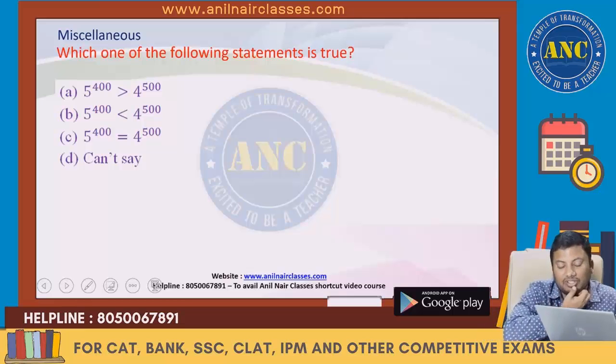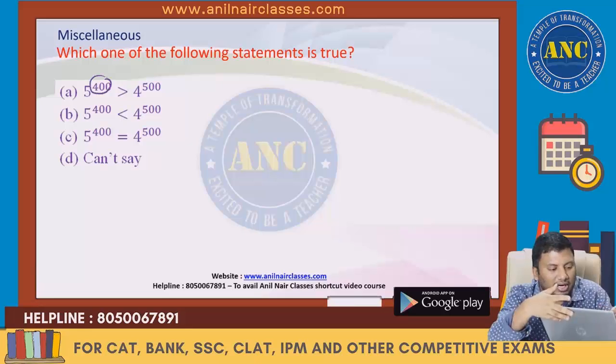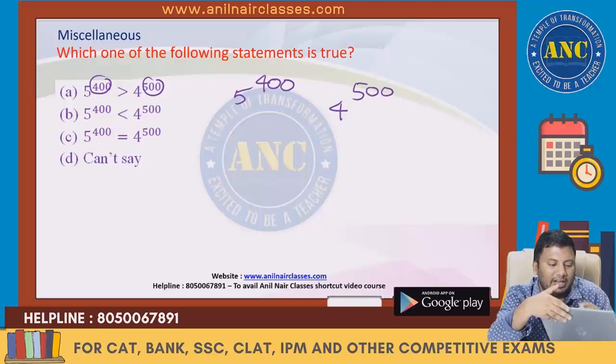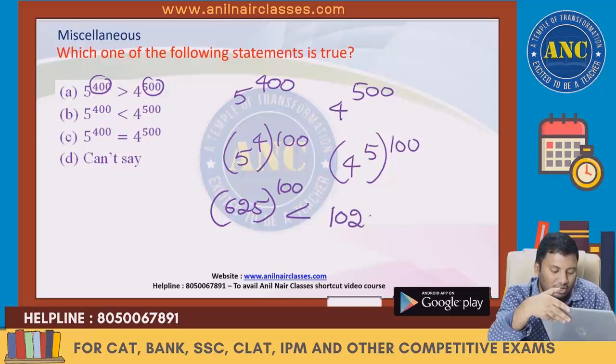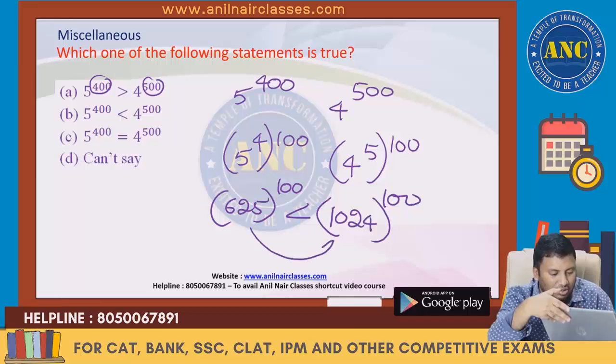Next one, which of the following is true? Now you can solve this question. 5 power 400, 4 power 500. If I take the HCF, 100 is the HCF. So (5 power 4) power 100 and (4 power 5) power 100. 5 power 4 is 625, 4 power 5 is 1024. 625 power 100 is less than 1024 power 100, since 625 is less than 1024.